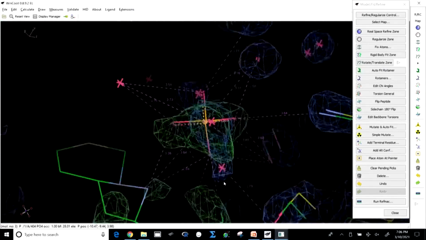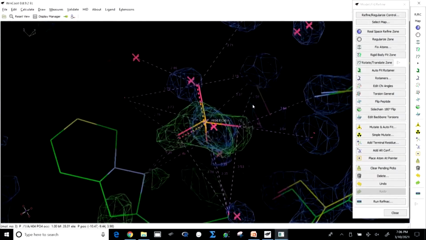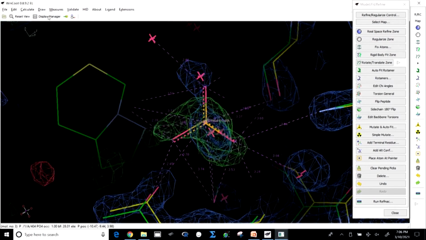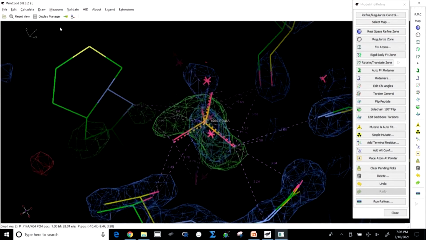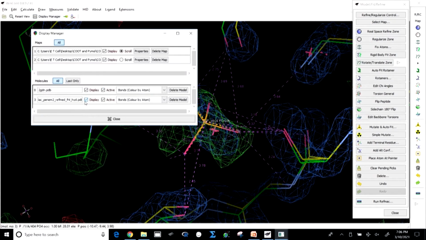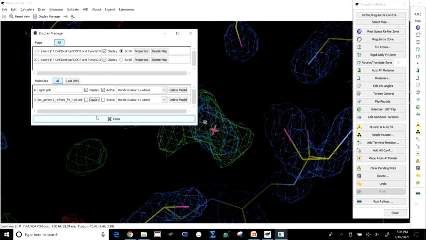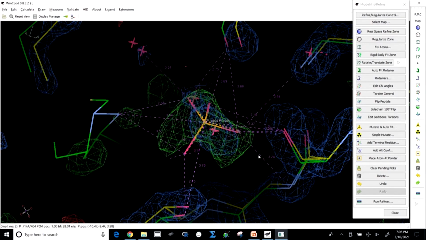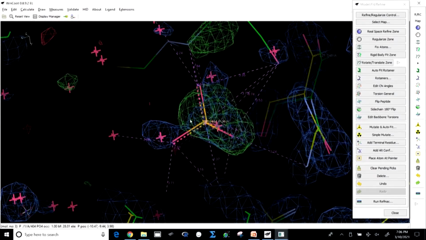The other thing, remember I talked about that if you see a green density, you could expect that something was there which was not modeled. This is the display manager, in the display manager you will see all the structures. So, if I close the structure I modeled, you see that here there is nothing, but if I again put that, you see this, there is a good phosphate.